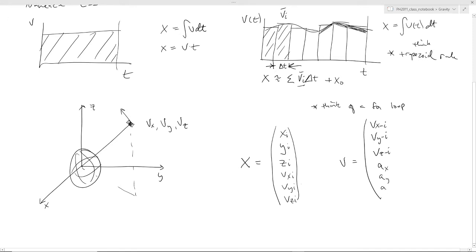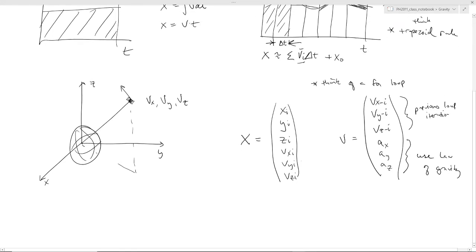So the accelerations we will calculate, let me just say this is from the previous loop iteration, and this will use the law of gravity to calculate the acceleration.